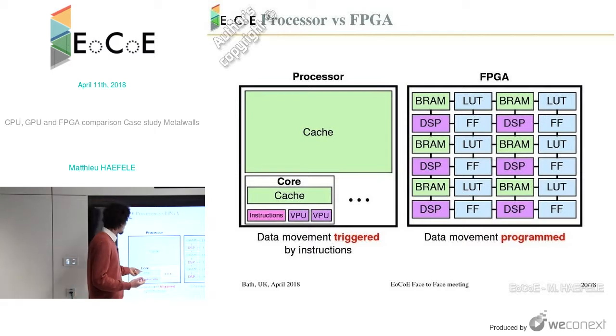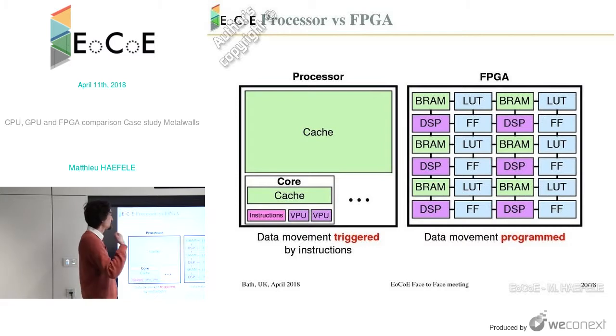So at some point you have an instruction that says, okay, load this address in this register, and the memory is not even represented here. And then depending on where the data is, if it's in memory, in this part of the cache or that part of the cache, some automatic process will bring the data into this register. And depending on where it's sitting, the time spent is different.